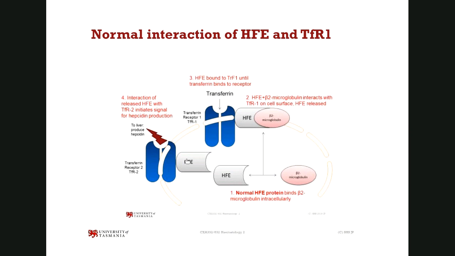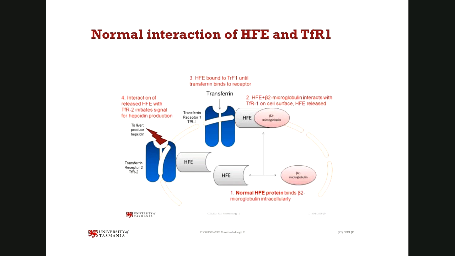And this binding to transferrin receptor 2 initiates a signal for hepcidin production, and ultimately this reduces iron absorption. So every time we get this HFE protein binding to a transferrin receptor, a message is sent off to the liver, so the liver can tell how much iron is being absorbed by the cells.